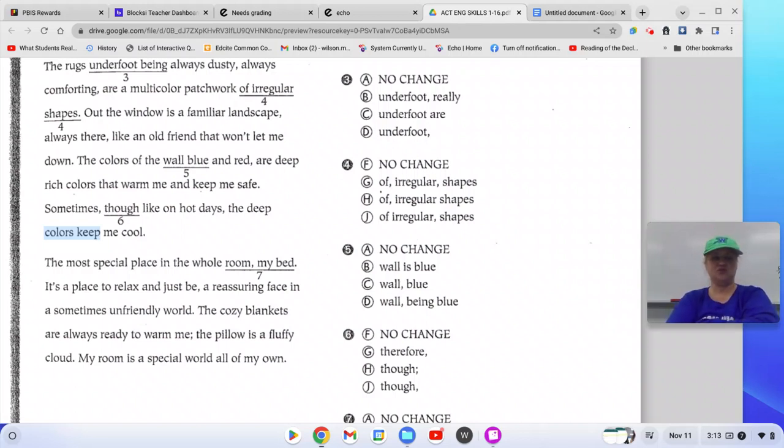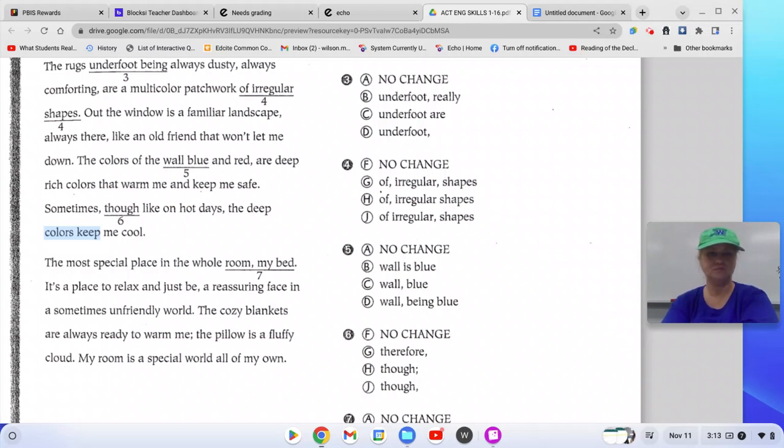Number 5 is a true example of an appositive, because it is telling the colors of the wall are, positively, blue and red. So listen to where I pause. The colors of the wall, blue and red. So we're pausing after wall and we're pausing after red. And a comma equals a pause.